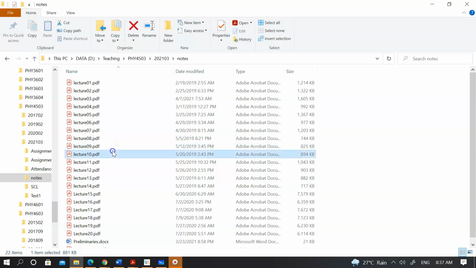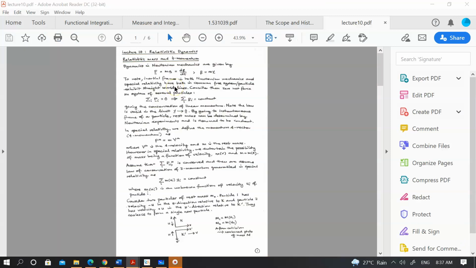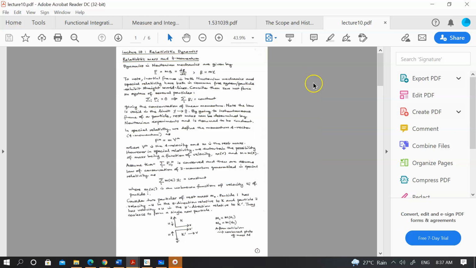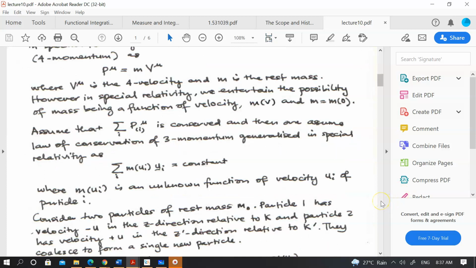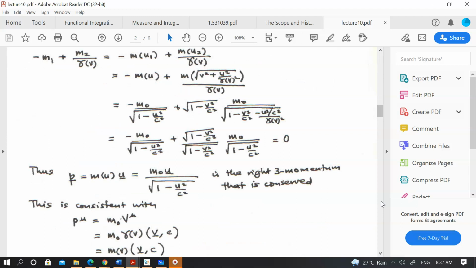Which lecture was this? Sorry, I can't remember all the formulas. So let me just check how we define your three momenta in this case.